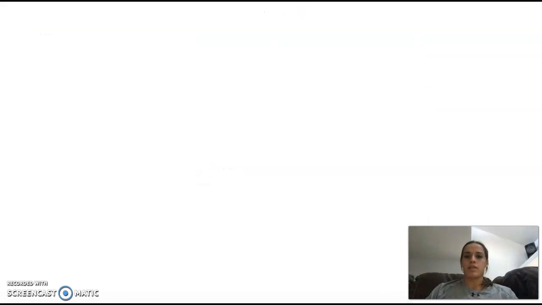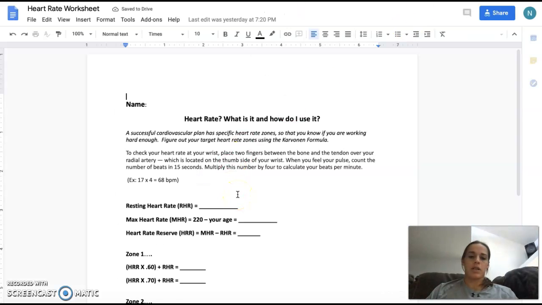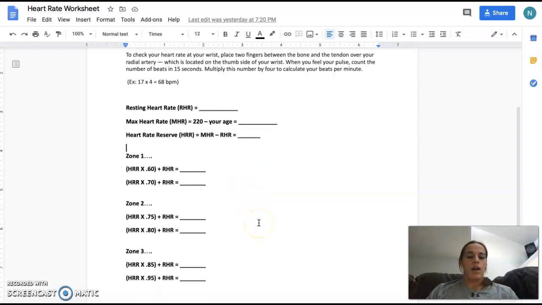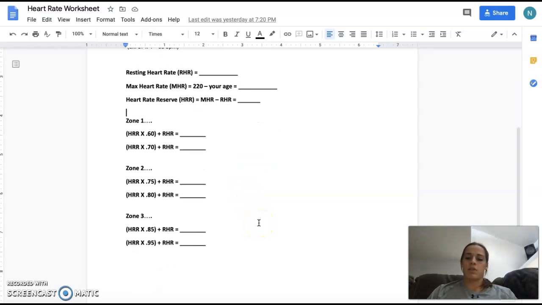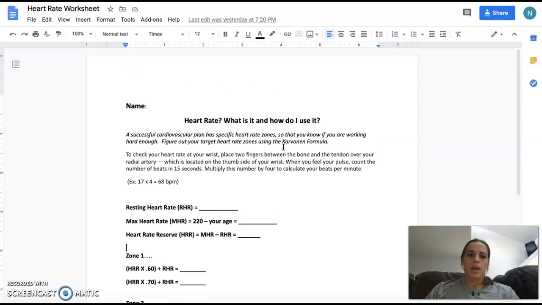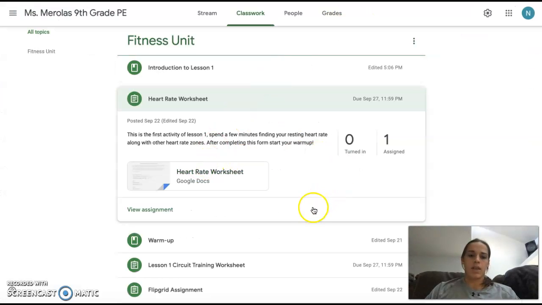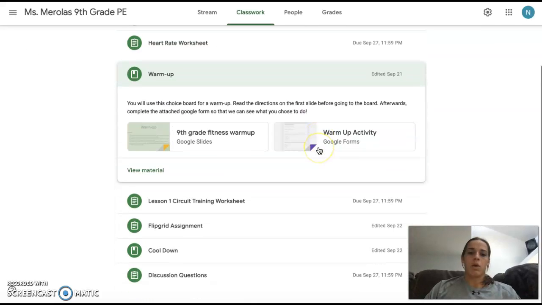If you open this, it takes them to a definition of heart rate and an explanation of how to check their heart rate. And then they will find their resting heart rate, their max heart rate, their heart rate reserve, and then they would calculate 3 different zones of heart rate. After completing the heart rate worksheet, they would submit that, and then they would go to their warm-up.